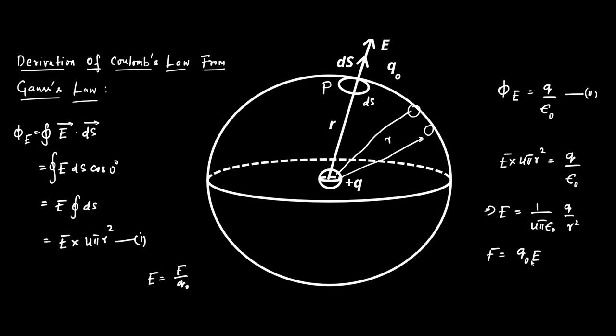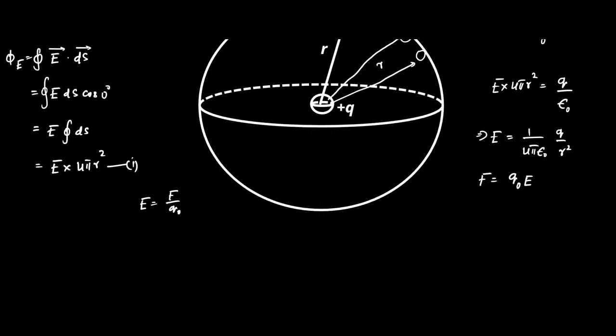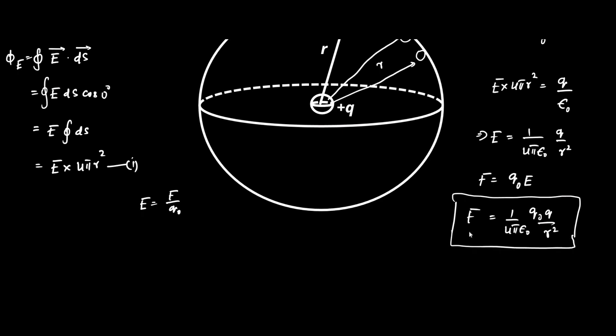So Q0E, that implies it is equal to 1 by 4 pi epsilon 0 q0 q by r square, which is the expression of force given by Coulomb's law. So here, using Gauss law, we have derived Coulomb's law.